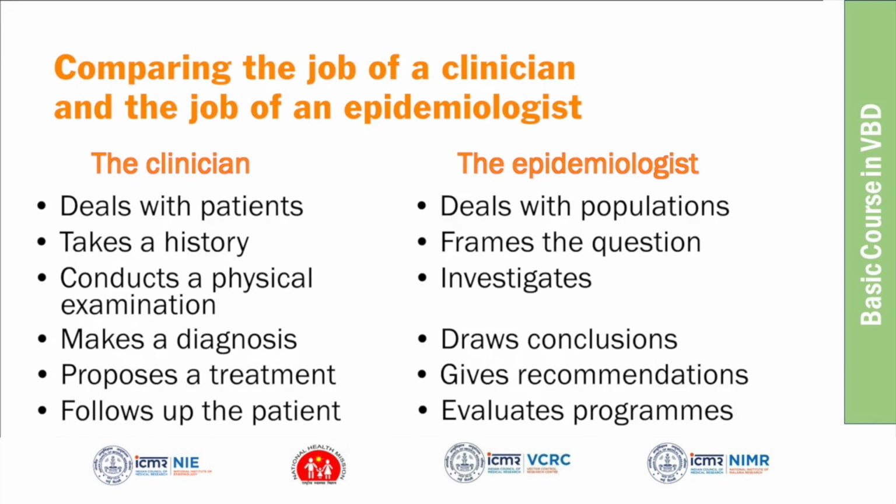The clinician reviews or makes sure there is a follow-up of the prescription that was given, and also the prognosis is measured over a period of time, whereas an epidemiologist measures how well the program that is implementing the interventions is functioning at the field level. So this is the major difference between a doctor or a clinician or a physician versus an epidemiologist, whose primary function is to function at the level of a population.